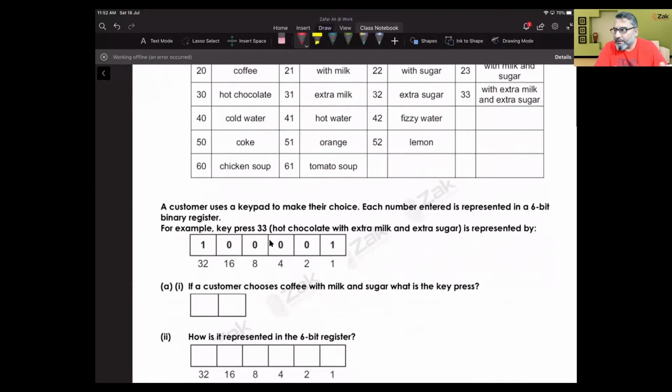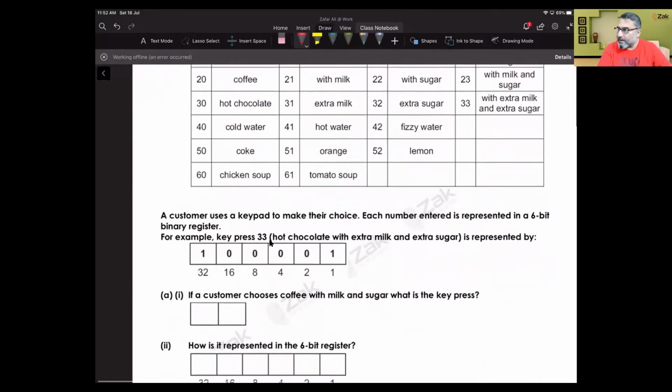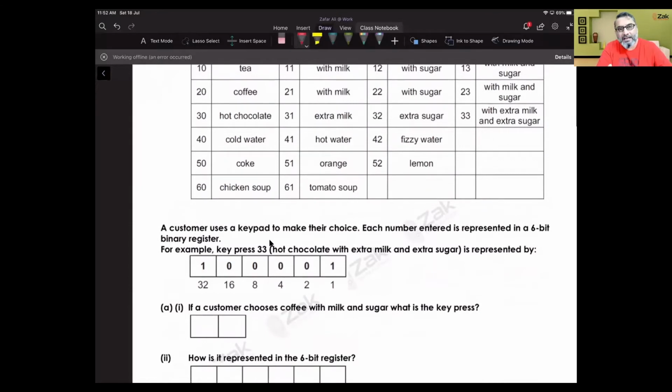Keypad is actually something like this area, just this area, the numbers. So this is a keypad. This keypad has a register attached to it, and that register takes the number which is being pressed on the keypad. Now, a customer uses the keypad to make their choice.